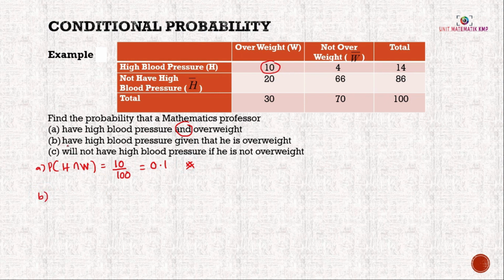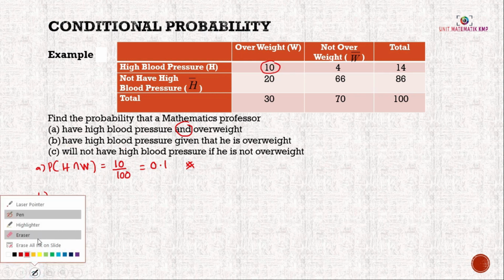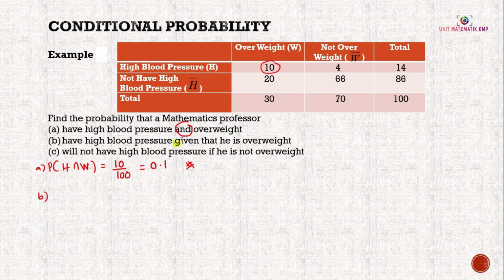Probability professor have high blood pressure given that he is overweight. So given maksudnya soalan conditional probability. So probability of high blood pressure given he is overweight.